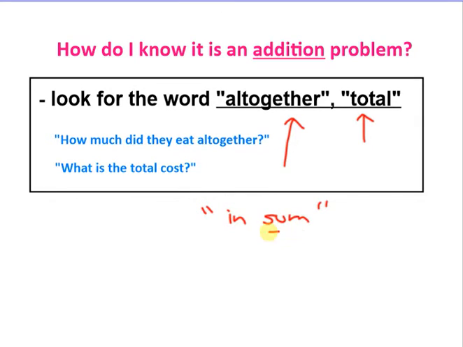The word sum is the answer to an addition problem, so that's a keyword as well. The word total is another one, and so just keeping an eye out for those summation words is really going to be helpful.